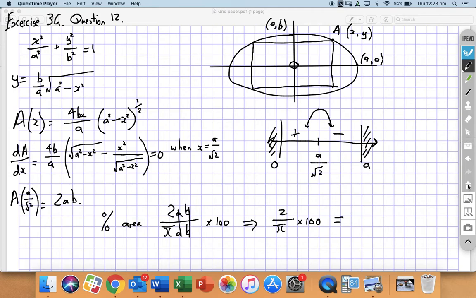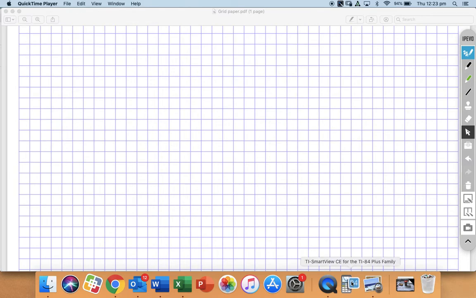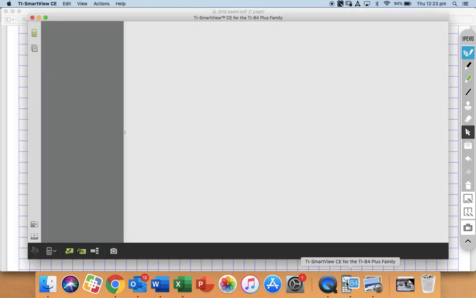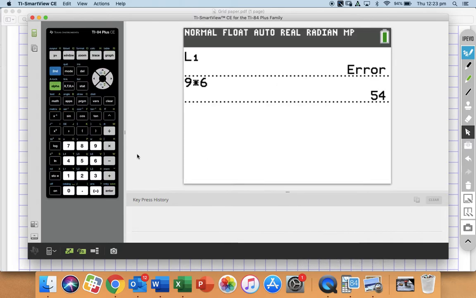So if I've just got to remember this, 2 divided by pi, okay? So if I delete everything for a minute, go to my calculator, excuse me while it's loading up. I should have had this ready to go, shouldn't I? Okay. How do I clear the screen? I don't know.